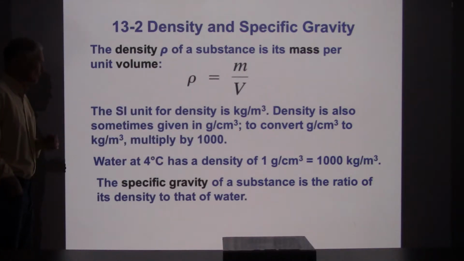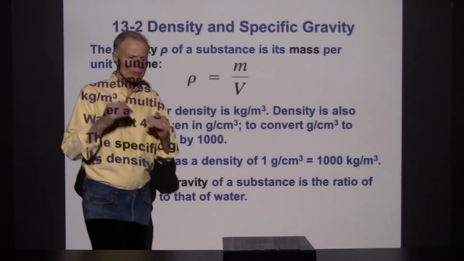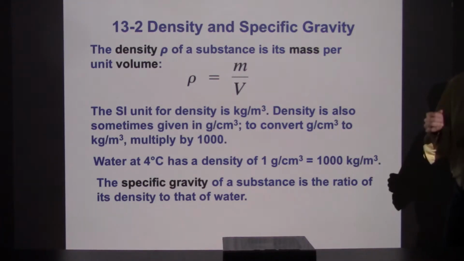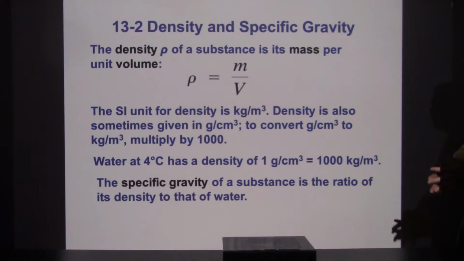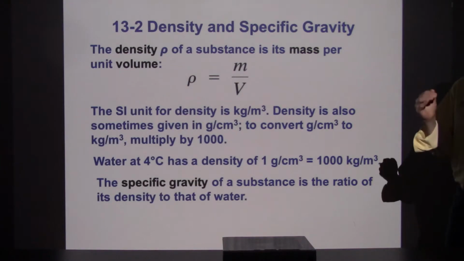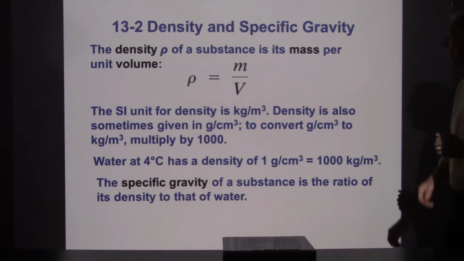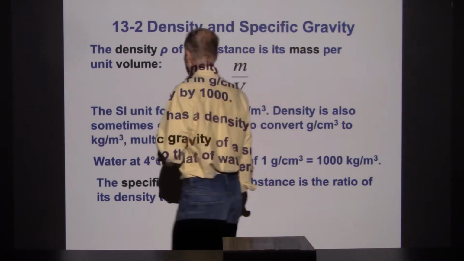So I think we'll see some examples of units conversions, but definitely pay close attention to the units with density and with pressure. Make sure that you're staying with standard units when you're doing calculations, so that standard units in, standard units out is kind of the approach we want to take.